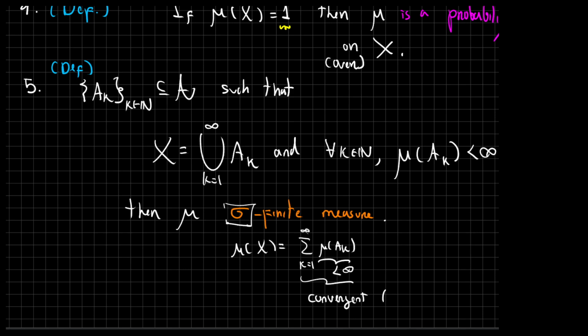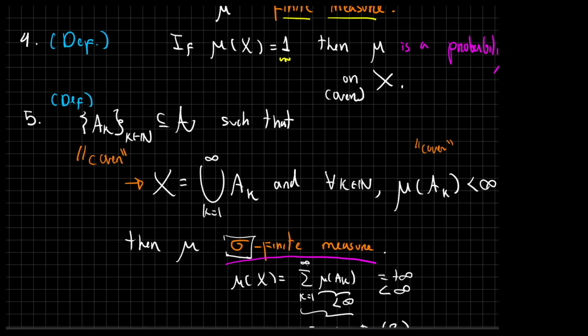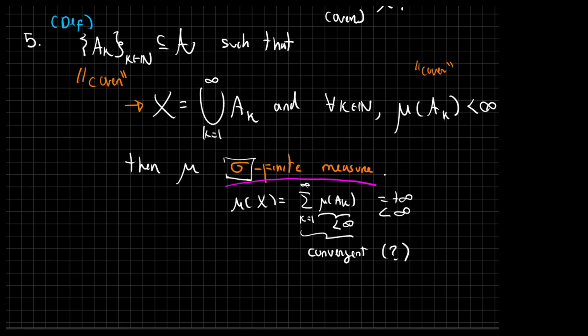So it may be plus infinity or it may be finite. We don't know. But what we do know is that we have a kind of cover, in quotation marks, of the whole space, and the measure of each element of this cover is finite. This is all we know. And when this happens, we say that mu is a sigma finite measure. This is another definition that we will use in the following.